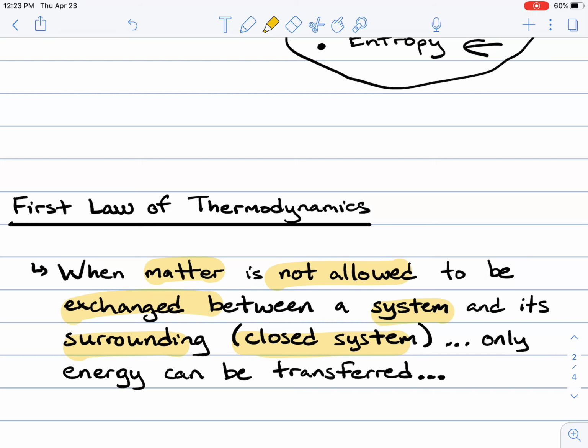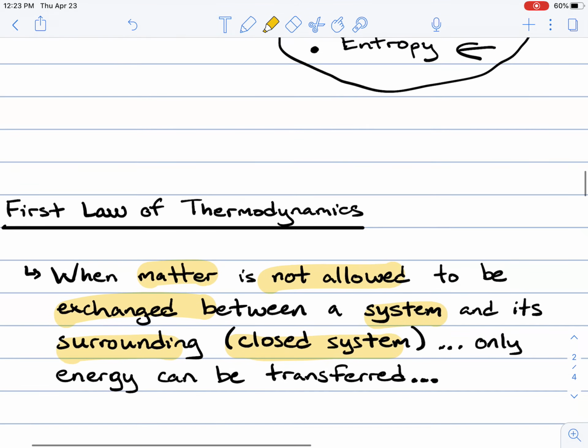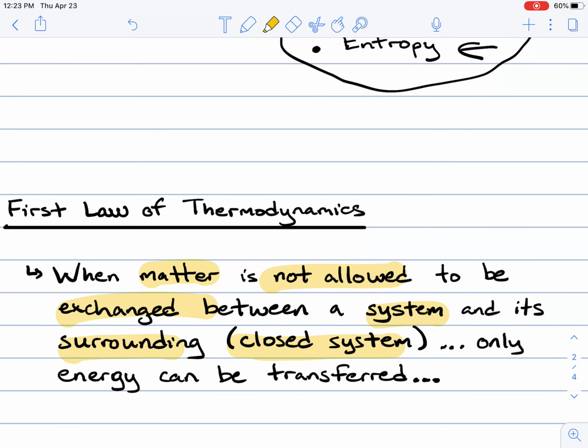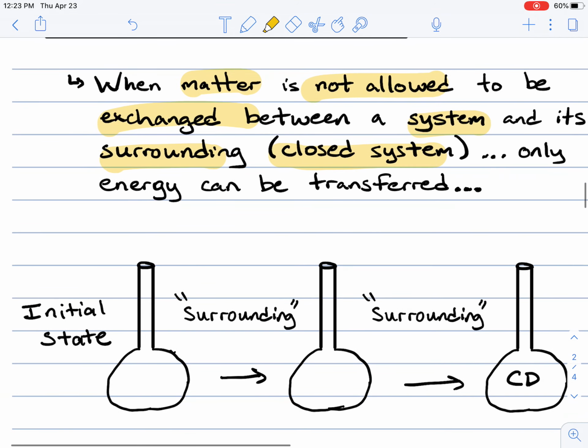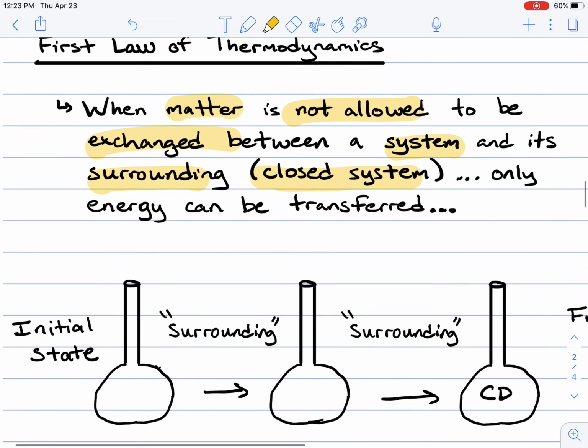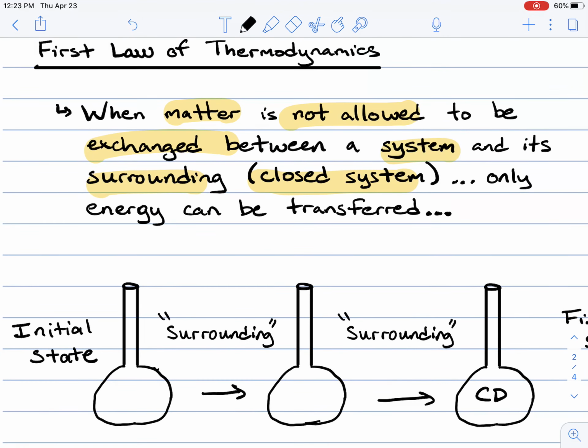Now, closed systems are systems in which no matter is allowed to be transferred between the system and the surroundings. An example of this situation would be placing a chemical inside your volumetric flask. So for example, we put a solution of A and B inside this volumetric flask, and then we cap it.